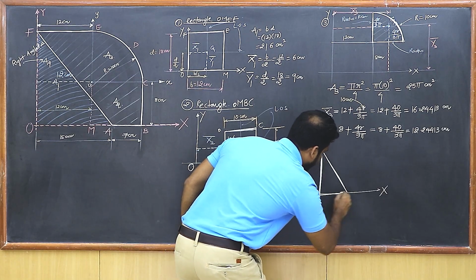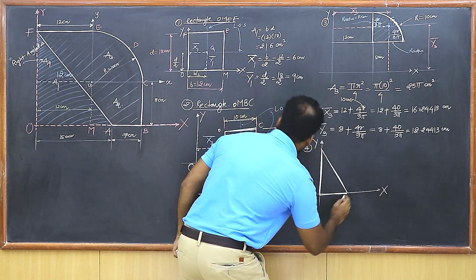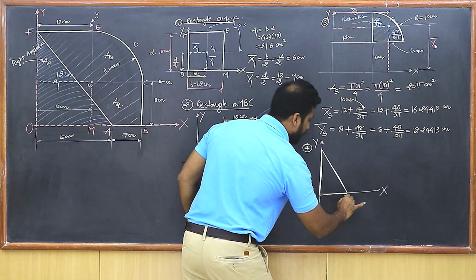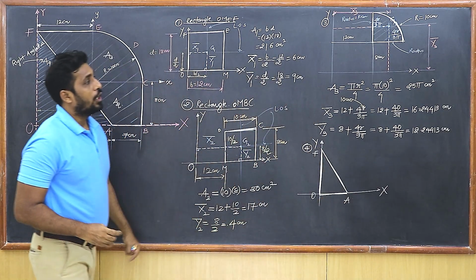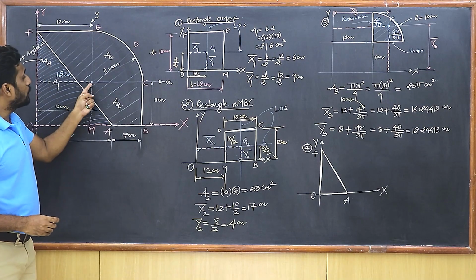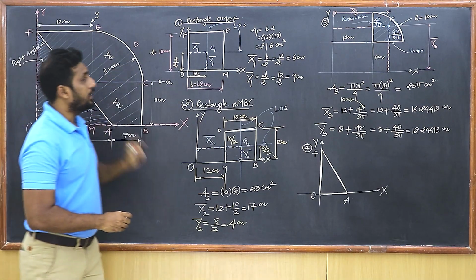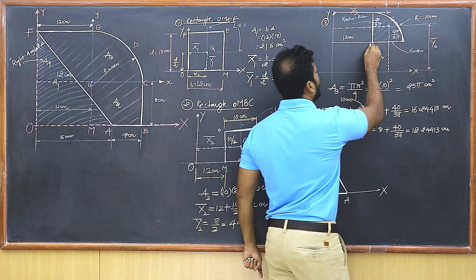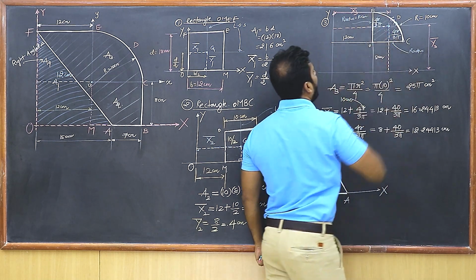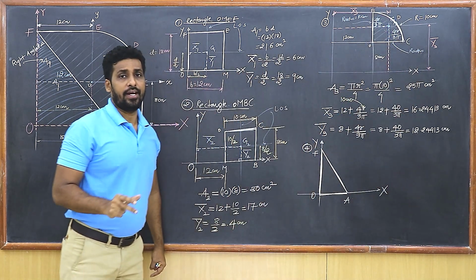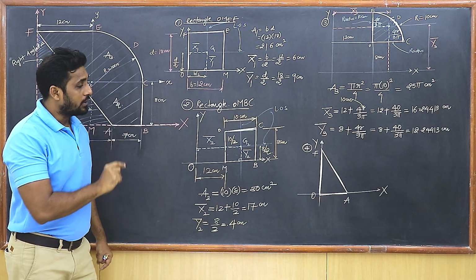What is the name of this triangle? It is capital O, capital A and F. So O, A and F. Likewise, if you remember your quarter circle, the names are going to be small o, c, d, e, isn't it? So I can name this as small o, c, d and e. Now these names are only for identifying the standard shapes. So I have this right angle triangle.